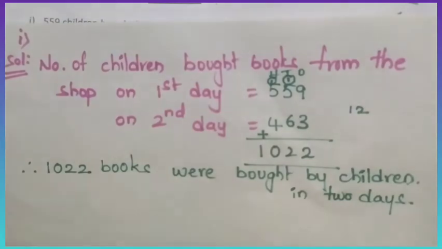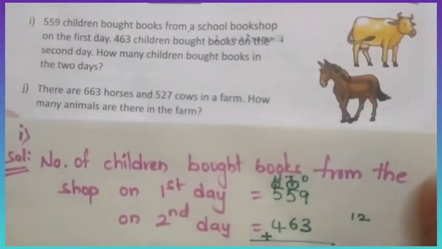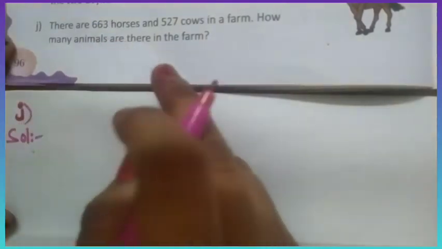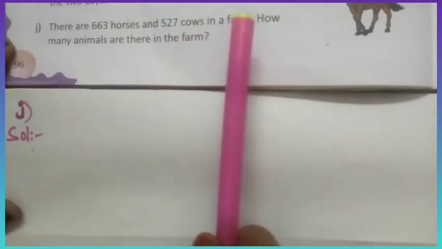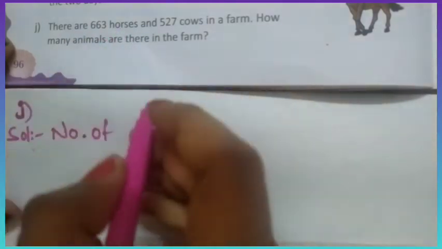Look at J question. There are 663 horses and 527 cows in a farm. How many animals are there in the farm? So first, number of which animals are there? Horses.